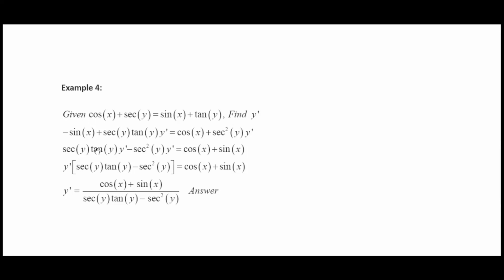y primes on one side, and it seems like we're always bringing it to the left, and non-y primes to the right. Factor out y prime, solve for y prime, this divided by this, and leave it. See the pattern.